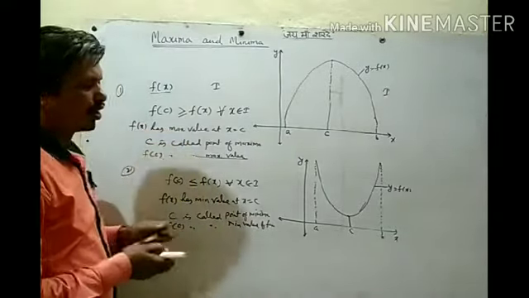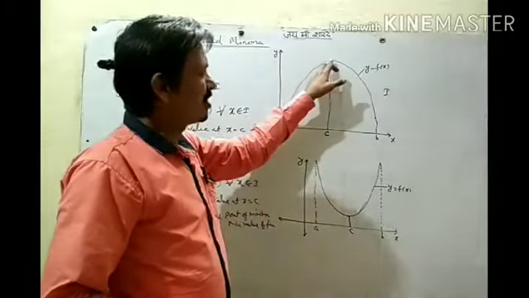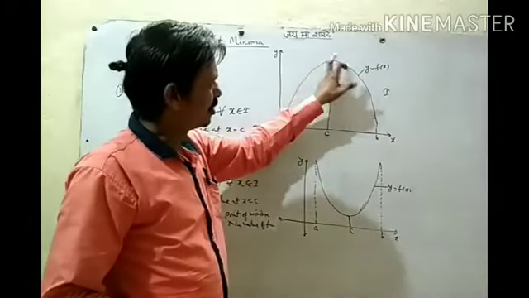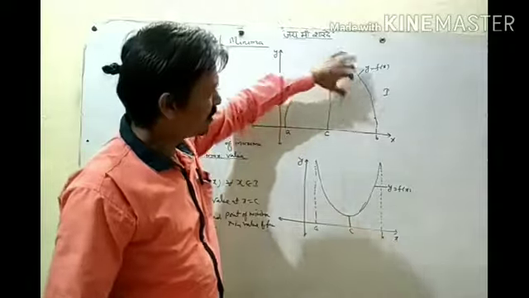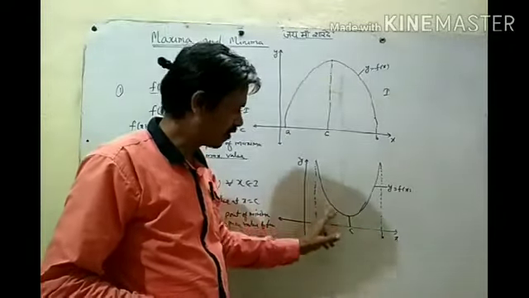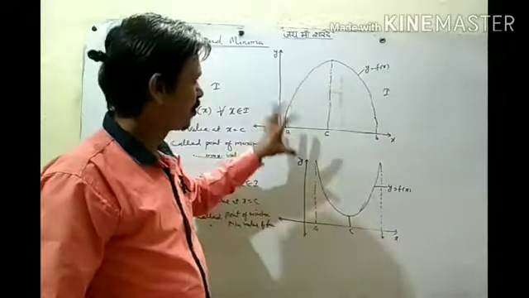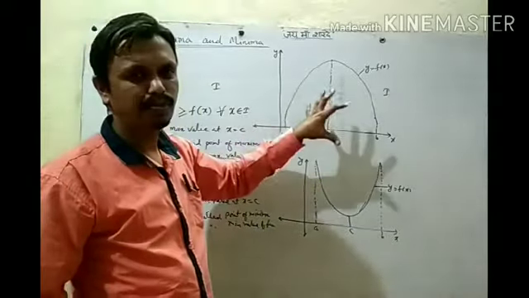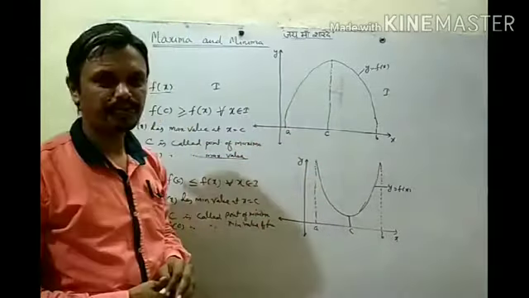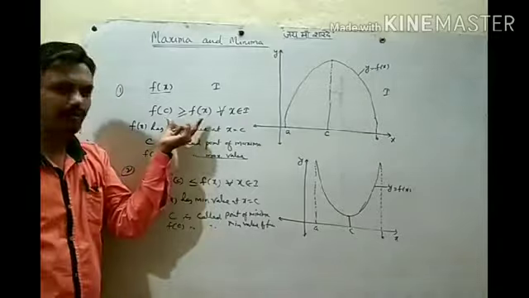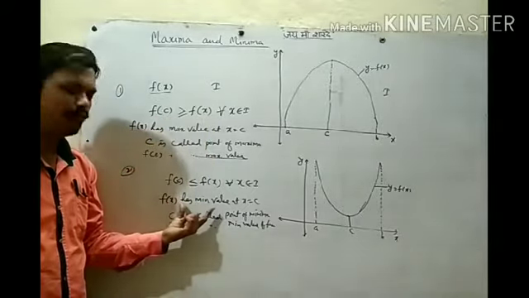Okay? So we are finding what? Turning points, where the graph turns. At this point the graph turns, at this point the graph turns. So we have to find the maximum or minimum value of the function. So this is the definition of maxima, this is the definition of minima.